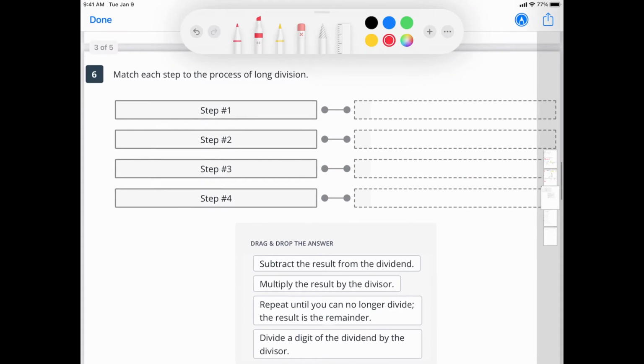Okay, number 6, match each step to the process of long division. So what do you do first for subtraction? I don't think this will work. Let's see. No, didn't work. We'll just write it out. What do we do first? Well, I think first we're going to have to divide.